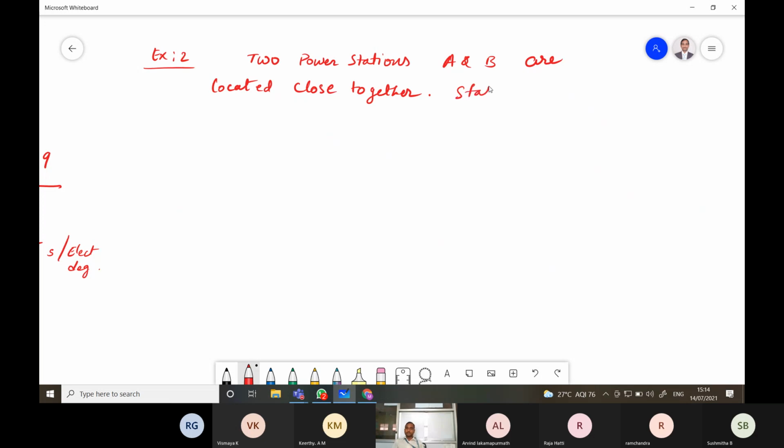Station A has four identical generators, each rated 100 MVA, 9 megajoule per MVA. Whereas station B has three sets, each rated 200 MVA, and 4 megajoule per MVA.